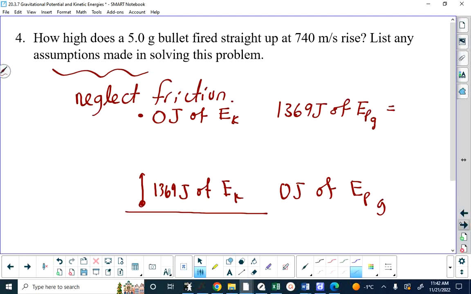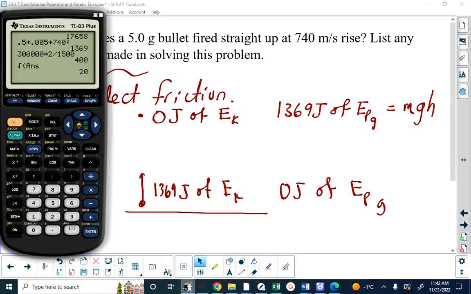Well, that means you can set that equal to mgh and find the height. If we take that 1369 and divide by the mass and also divide by 9.81, we're going to get the height, in meters, that it rises to.